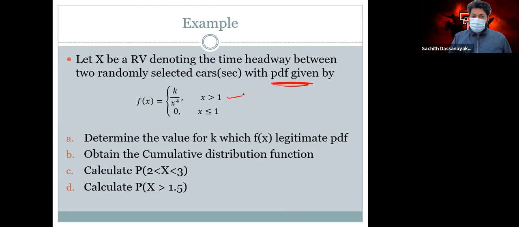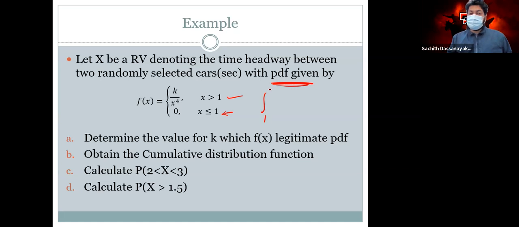X greater than 1, we have our PDF. What happens otherwise? X less than or equal to 1, it is 0, right? So you can find this K using that second condition, right? So this starts from where? 1, right? Up to where?